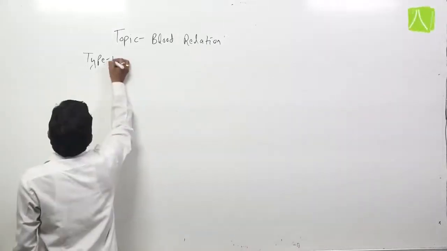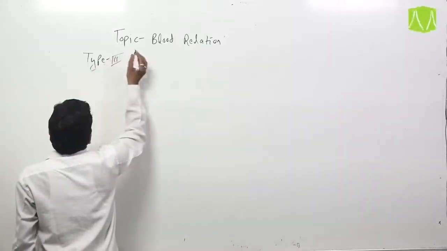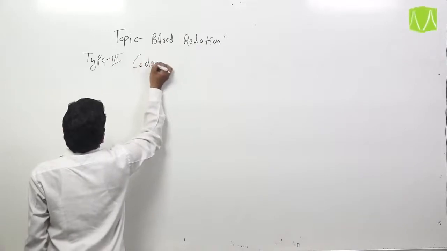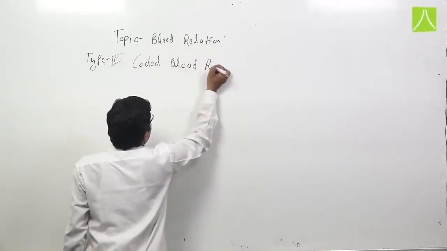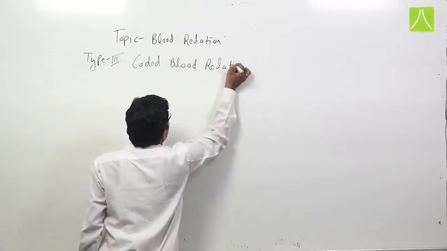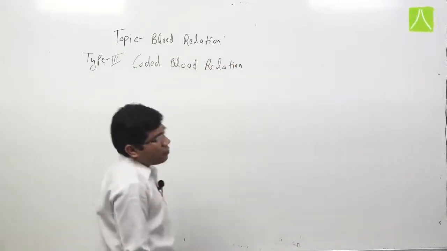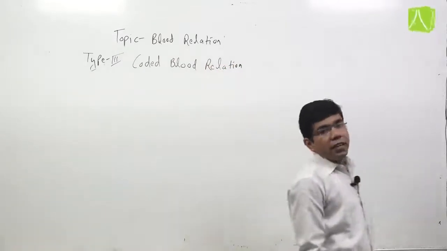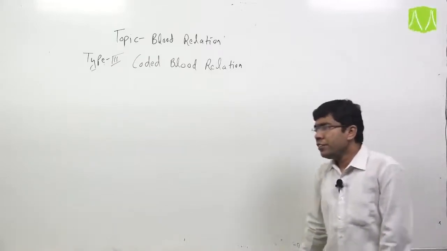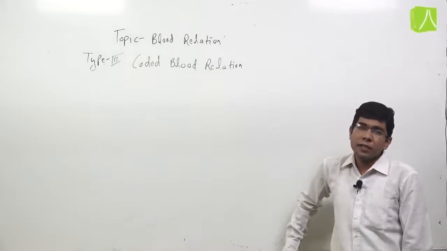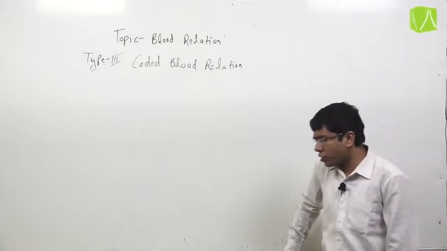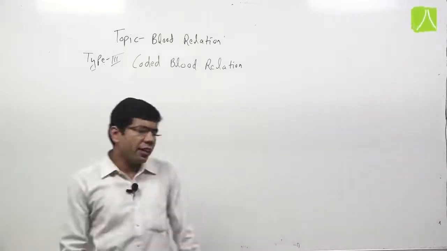Type number 3 is based on coded blood relation. In this type, the relations will be defined with the help of different symbols, either plus, minus, divide, multiply, star, dollar, hash, anything else.